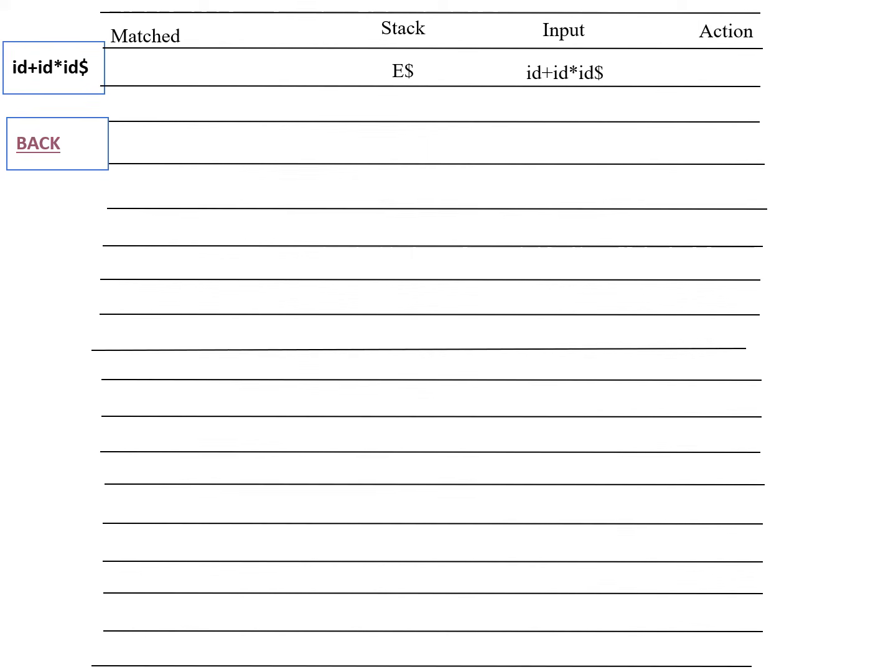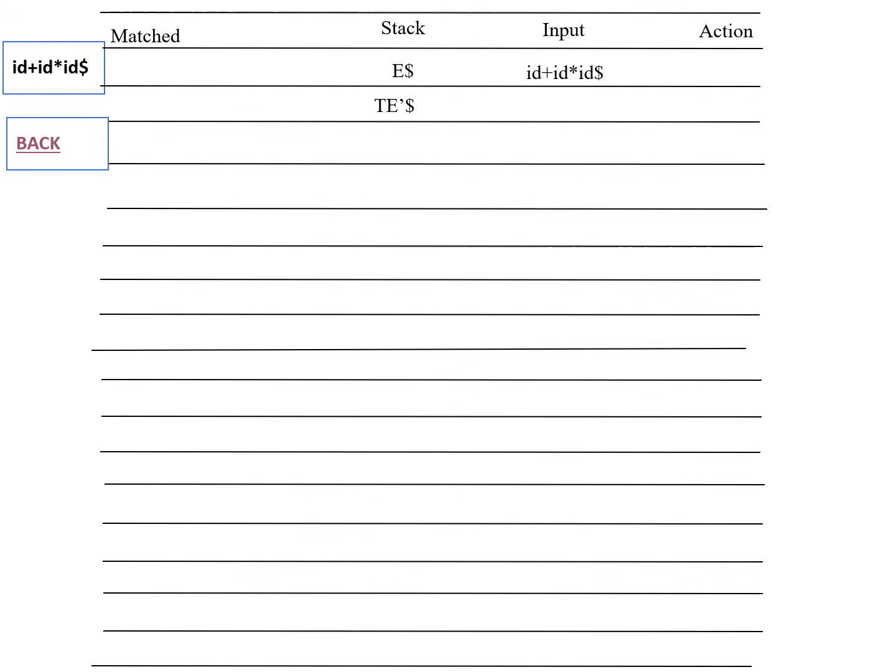Now what do we have to do? What is the stack top? E. Go to the table and verify row E with input id. E on id is TE dash.